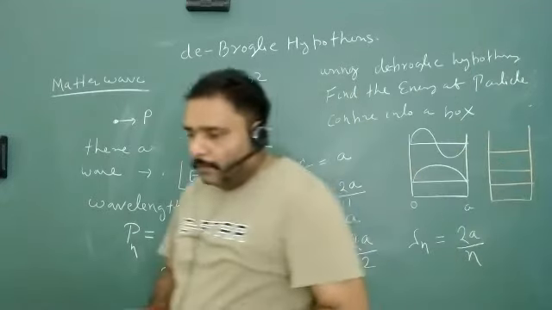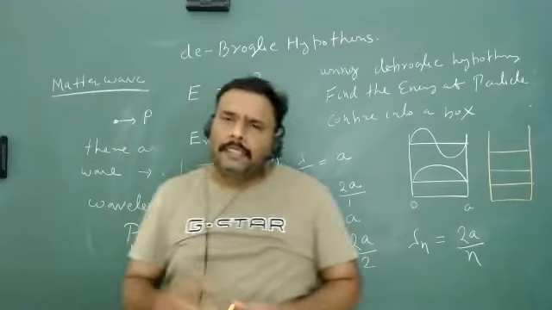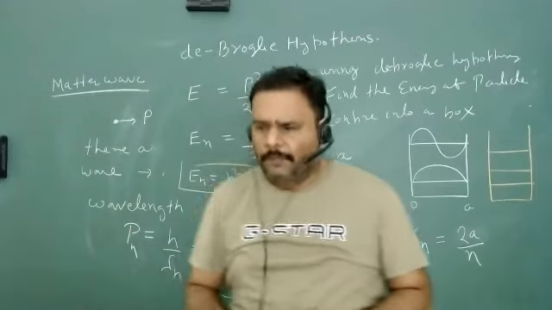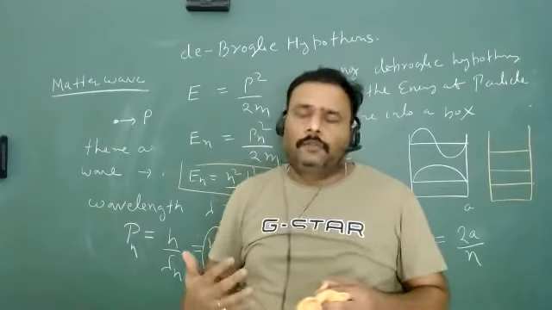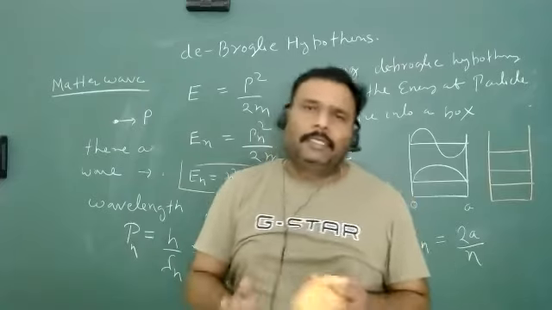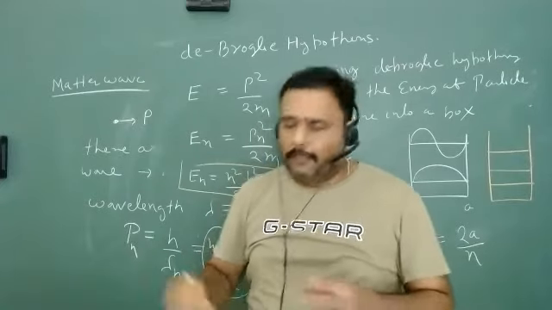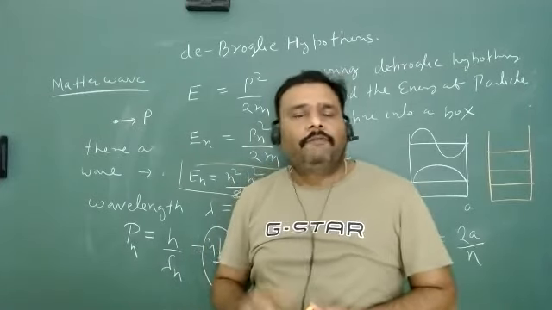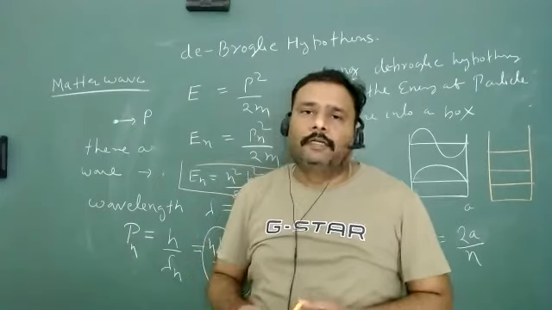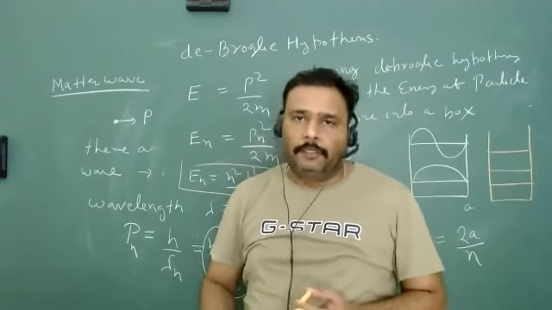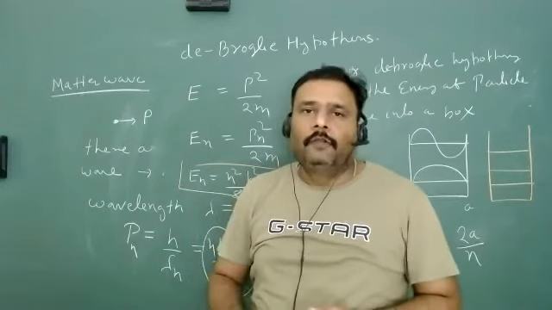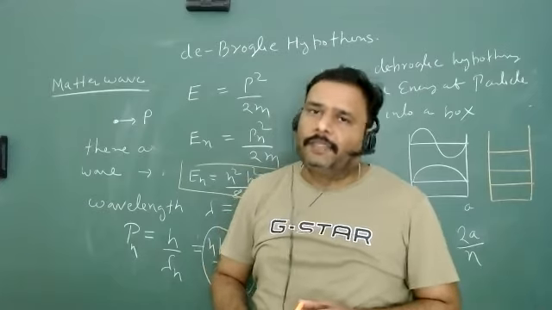So how are we going to understand all this, the de Broglie wavelength? How are we going to do some mathematics with the de Broglie wavelength? This can be well understood by the group velocity and phase velocity. So let's try to go for what is group velocity and what is phase velocity.